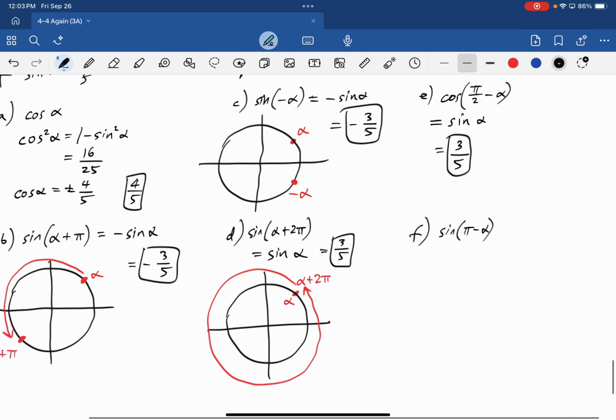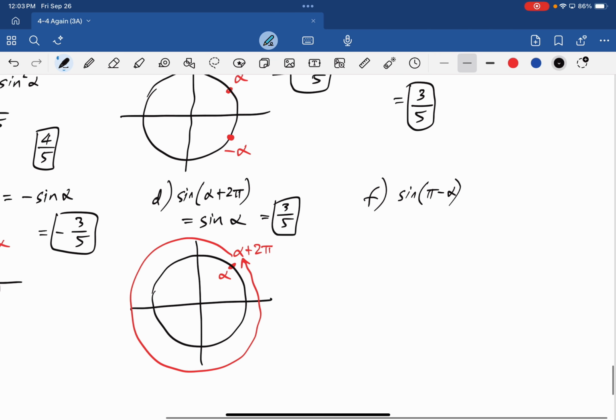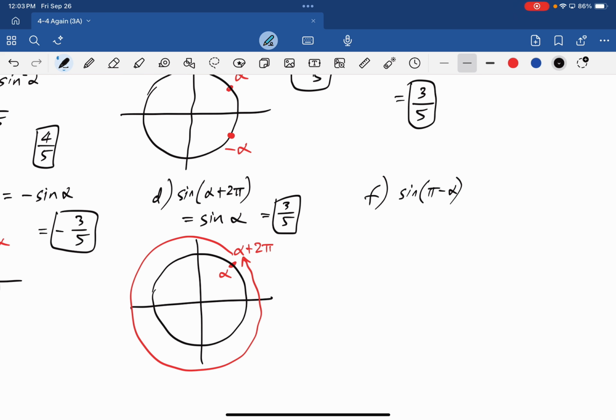Sine of pi minus alpha, that one's tricky. I went home and asked ChatGPT the best way to explain this, and they gave me a very helpful tip. So basically, pi minus alpha is a reflection across the y-axis. And here's a way to see that visually. Let's say that this point is alpha.